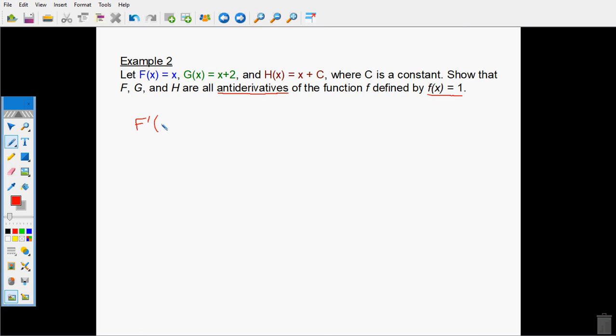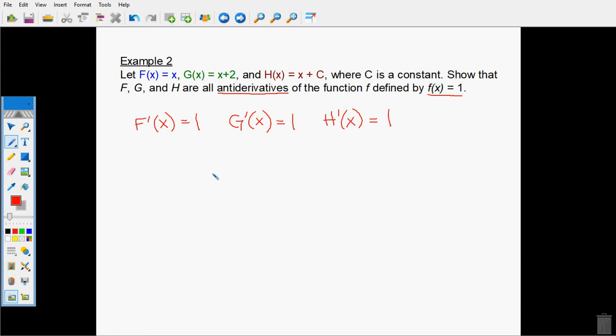And I do, right? The derivative of f is 1. The derivative of g of x is 1, because the derivative of that 2 is 0. And the derivative of h of x is also 1, no matter what that number is, as long as there's no x attached to it, but we define c as a constant.